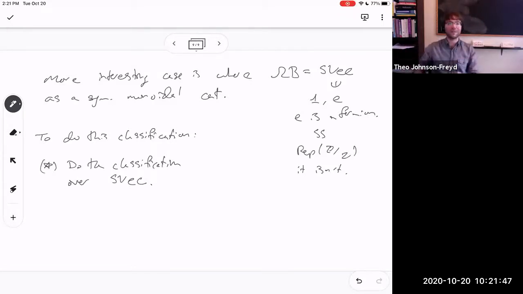Here's the analogy I want you to think of. You might have wanted to classify something over the real numbers. And it's much easier maybe to classify it over the complex numbers and then argue through some Galois descent to the real numbers.